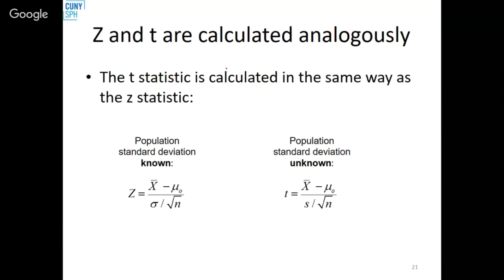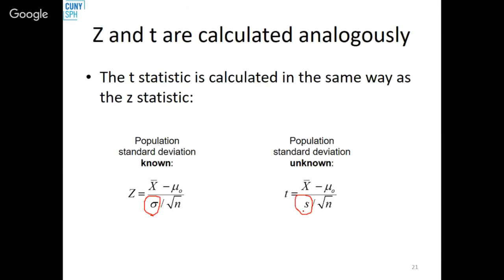So it's calculated in just the same way as the z statistic. The only difference is that we call it a z statistic when the population standard deviation is known, and we call it a t statistic when we don't know the population standard deviation and instead estimate it from the sample.